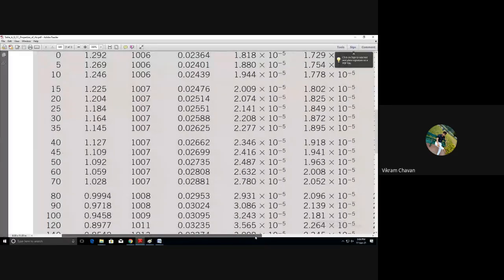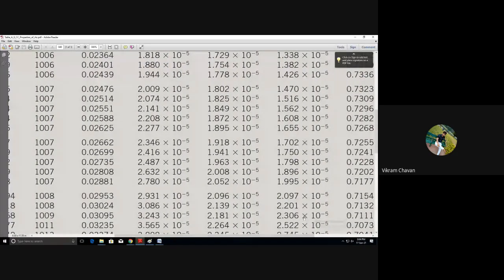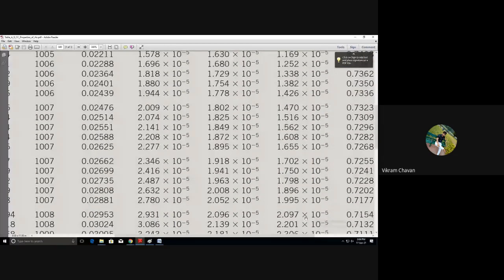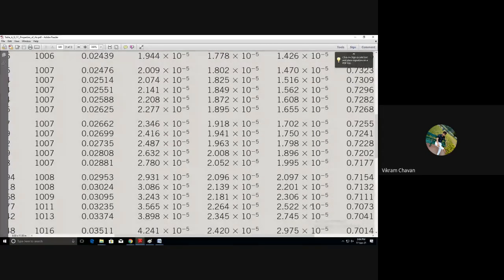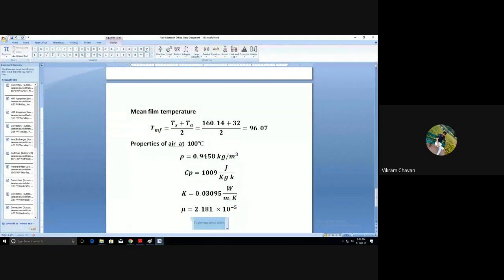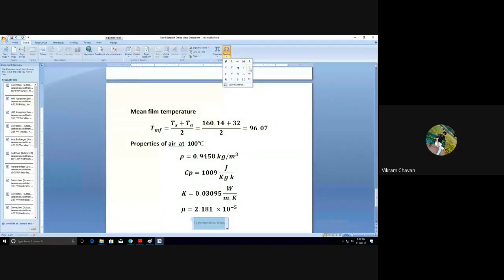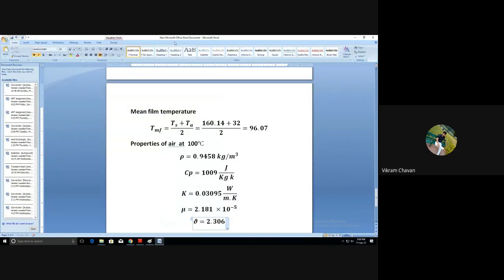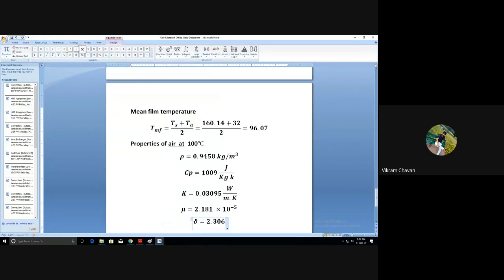Next is kinematic viscosity, I think, 2.306 into 10 to the power minus 5.